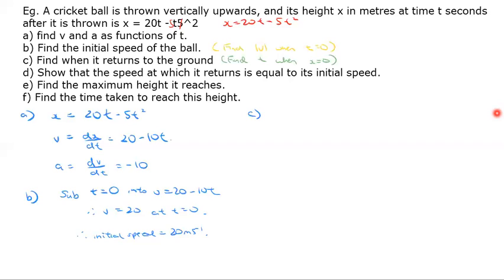When it returns to the ground, x is your height above the ground. So you let x equal 0 and solve for t. That just means 20t minus 5t squared equals 0. Of course, you need to know how to solve your quadratics.